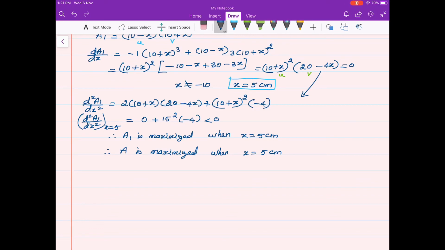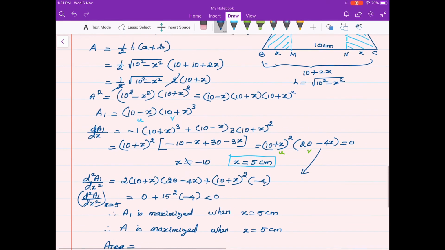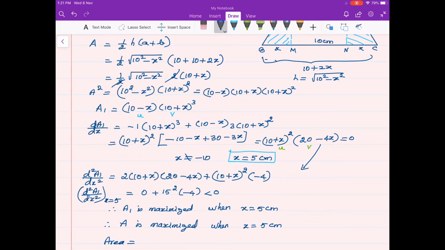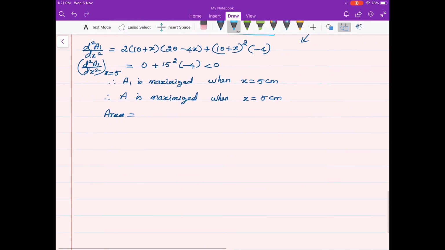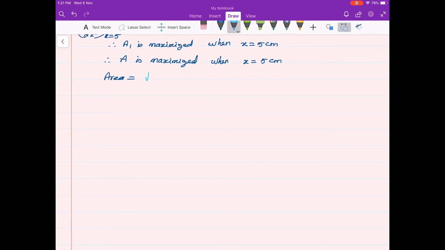And what else do we have to show in this question? Find the area of the trapezium. Therefore, the area of the trapezium is equal to, we wrote the area as, here it is. This is the area of the trapezium. Root of ten square minus x square times 10 plus x.